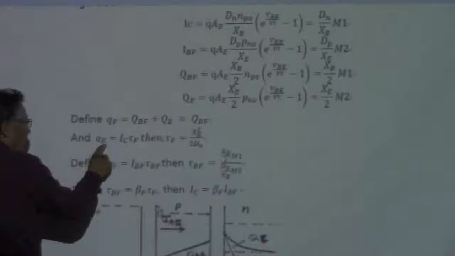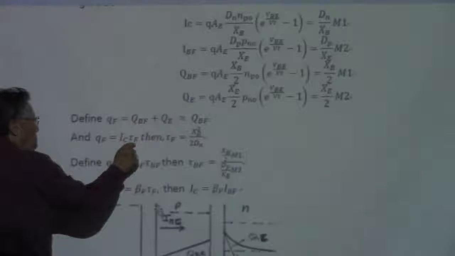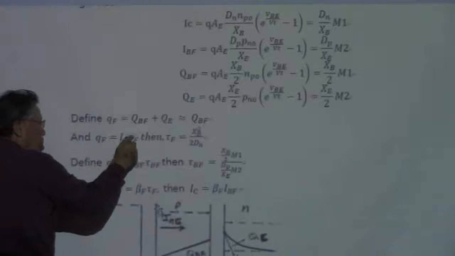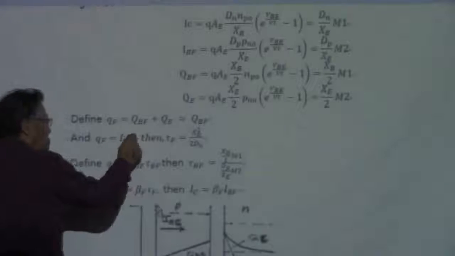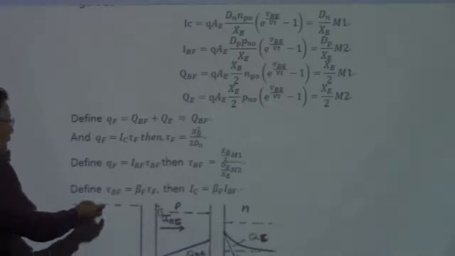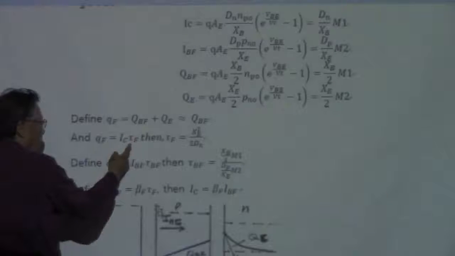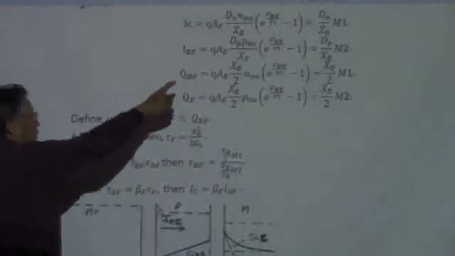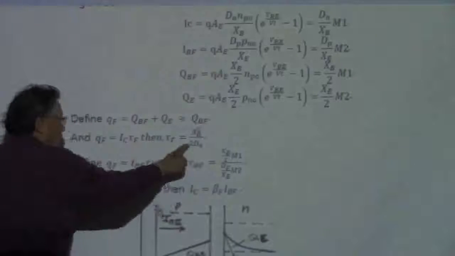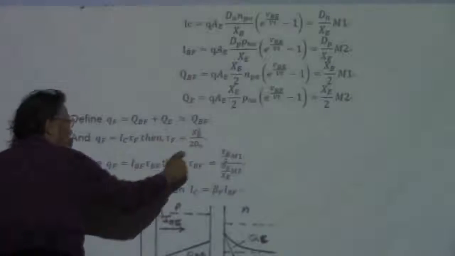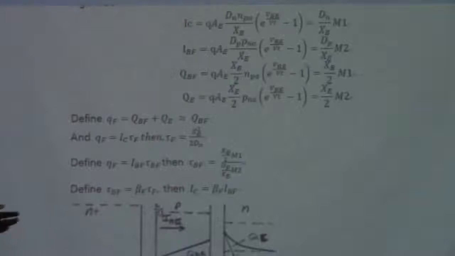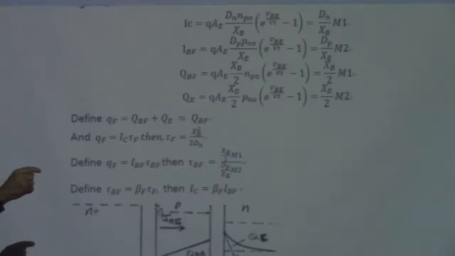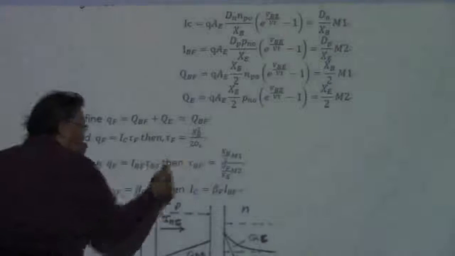And QF is IC times tau F, that the charge is going to be the current times the specific characteristic time. And then with this definition, the tau F is going to be expressed something like this with equations given here. Okay? So this tau F is nothing but the space charge region in the base squared over the diffusion coefficient of electrons.